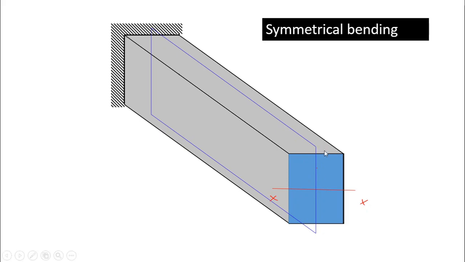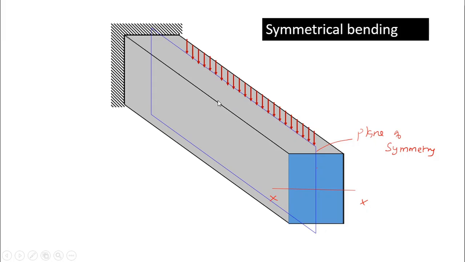Now if the beam is subjected to a load as shown in the figure here, if the plane of loading, this is a plane of symmetry, and this rectangular plane is a plane of loading.